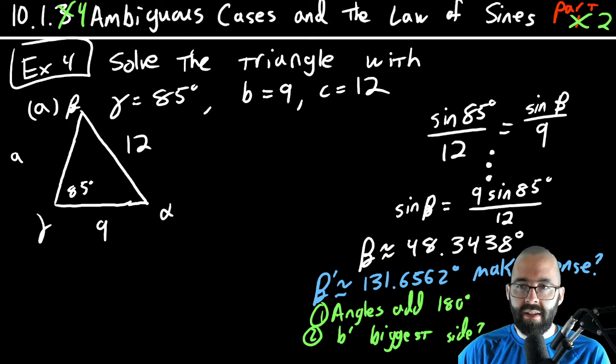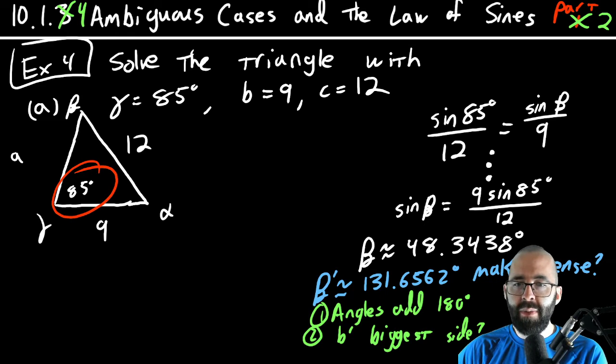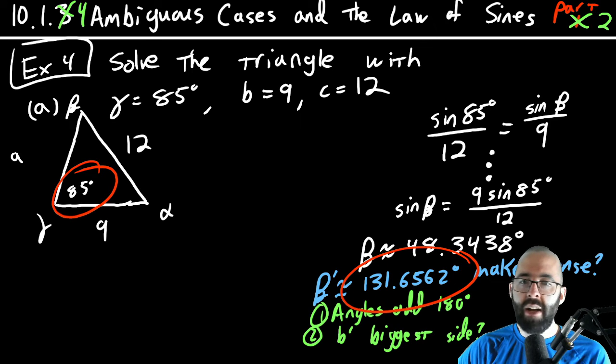Well, let's check. Oh, wait a minute. If gamma is already 85, beta prime can't be this big. This doesn't make sense at all. Beta prime can't be so big; we're already over 180 degrees. Beta prime doesn't make sense at all.